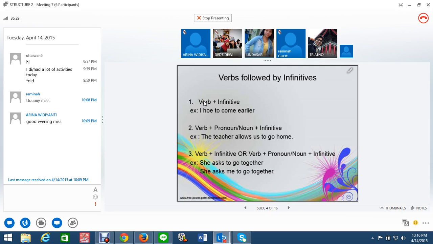Okay, so you have to follow this rule. If you follow this rule, I think it's easy to write sentences or to express ideas using this kind of sentence. Okay, so here are some rules. You can follow this. Do you have any questions from this slide, from this topic?